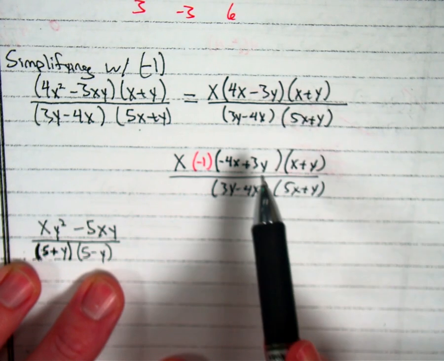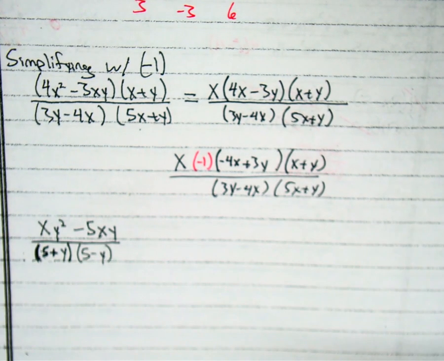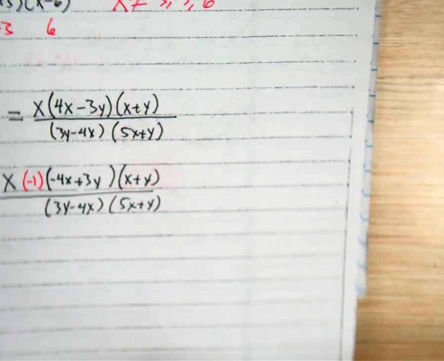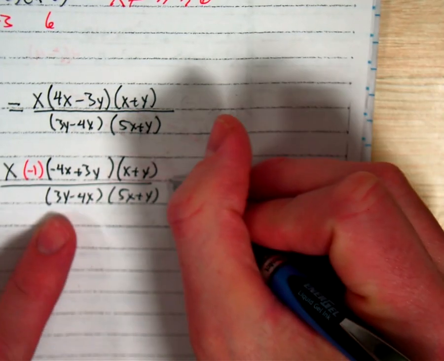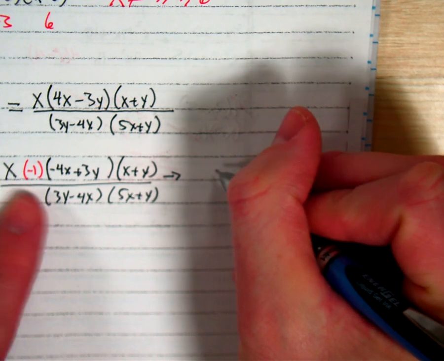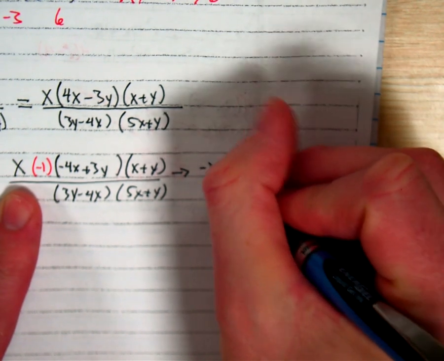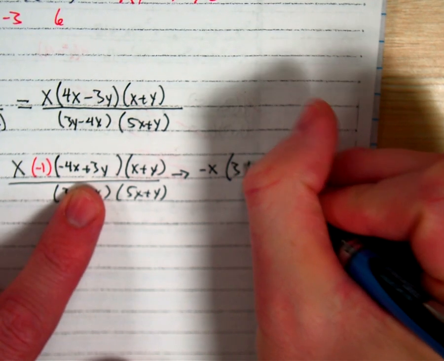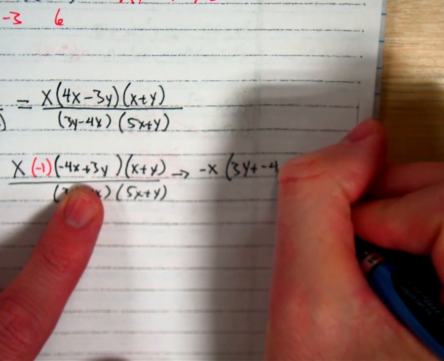Now, with a plus, you can turn them around. 2 plus 8 is 10, and 8 plus 2 is 10. You can turn them around. So now I'm going to turn it around. I'm going to do x times negative 1, that's going to be negative x. And we're going to spin that one around, so the 3y's in the front, plus a negative 4x.